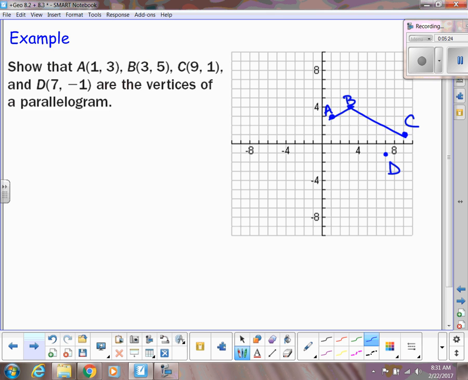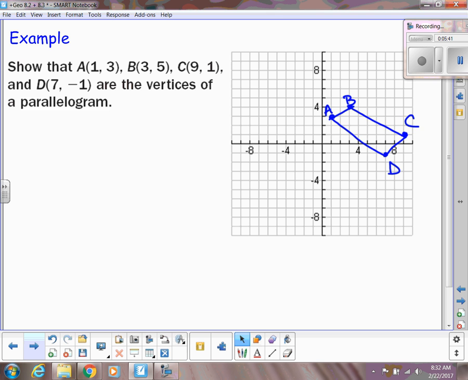So I'm trying to show that that is a parallelogram. And I'm just checking my vertices, making sure I graph them correctly before I move on.